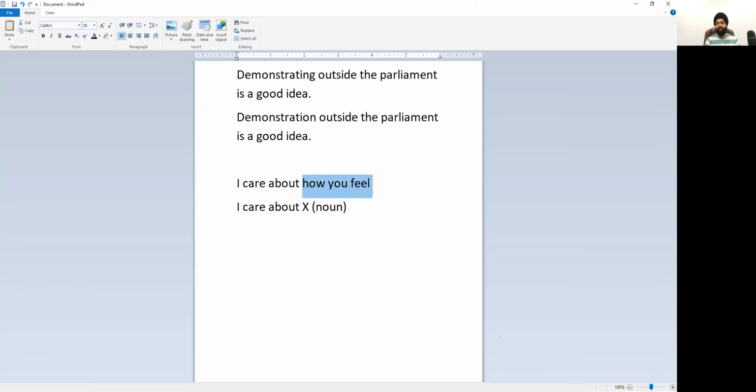How you feel is a clause because you have a subject, you, and a verb, feel. So you have both subject and verb. This is an example of a noun clause, a clause acting as a noun. That is a very brief introduction.